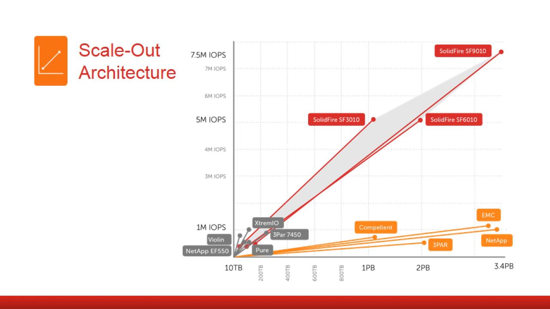And on the left-hand side in gray are some of the new AFAs, or all-flash arrays, that are there. And you'll notice the orange, it is very much, maybe not as high performance, but certainly providing a lot of capacity. And then on the gray, really a lot of go really fast, but not necessarily scaling out or having a lot of capacity, just a lot of performance.